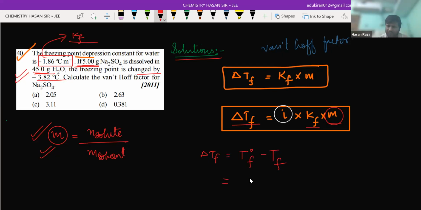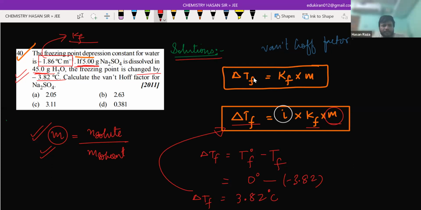The freezing point of pure water is 0 degree centigrade, and the solution is given as minus 3.82, and you will get delta TF equal to 3.82 degrees centigrade. Directly you can put it here. So please do write it. Actually, do solve this. Get me the answer.